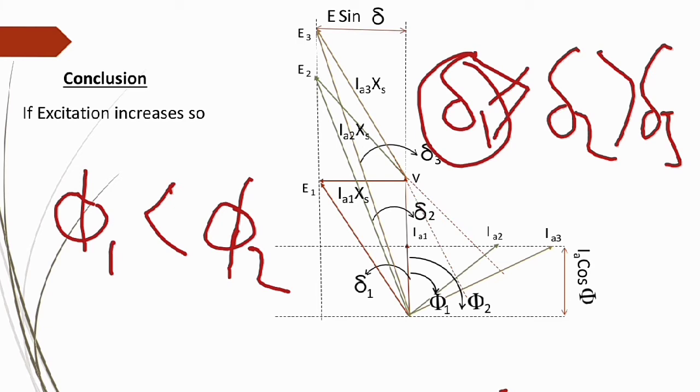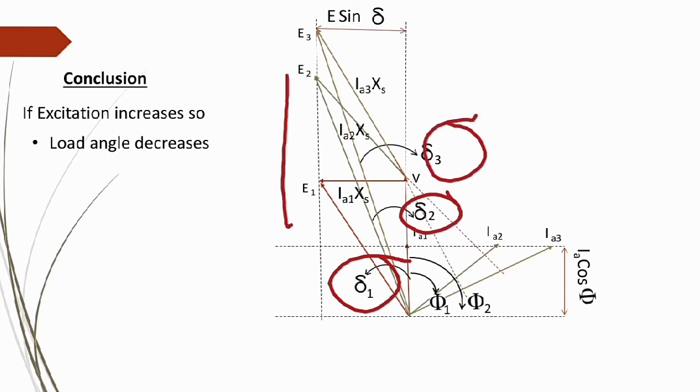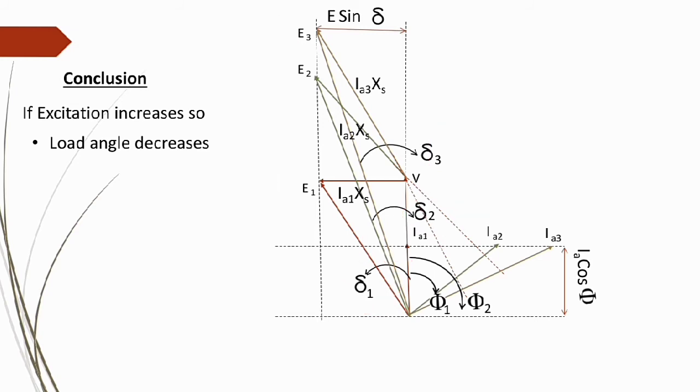So from seeing this we get the conclusion: if the excitation increases, the load angle decreases. You see here load angle del 1, del 2, del 3. So whenever the excitation increases, the load angle decreases here. You clearly notice this.